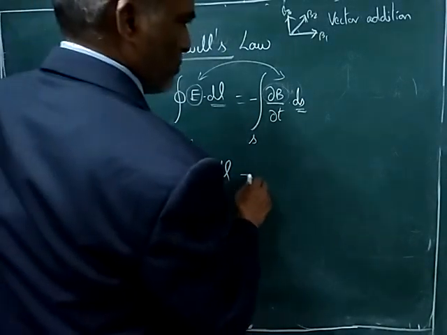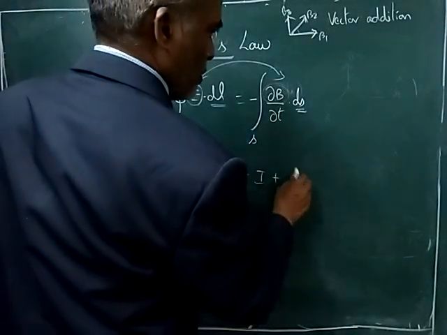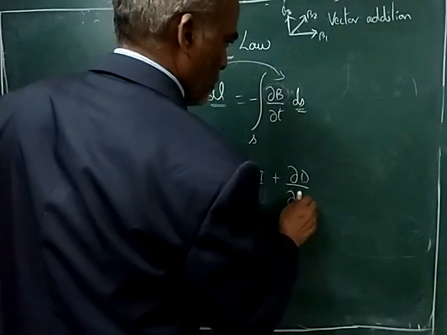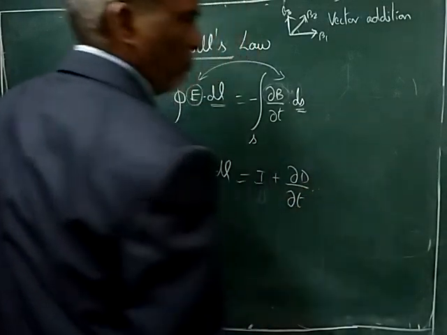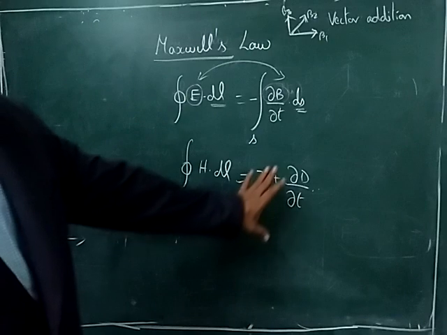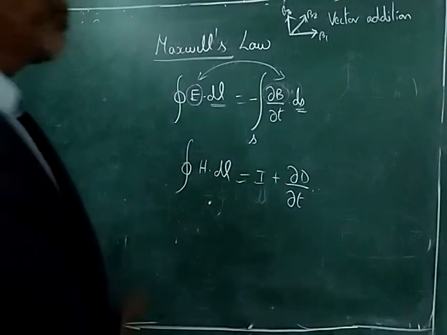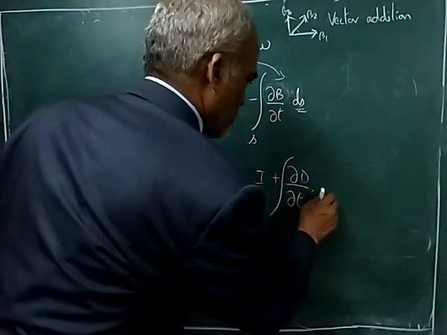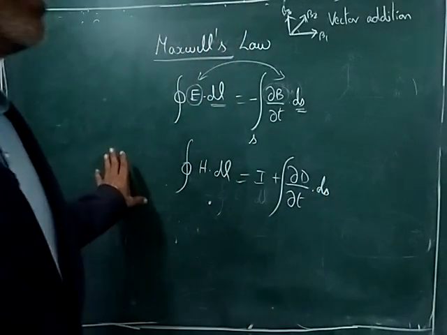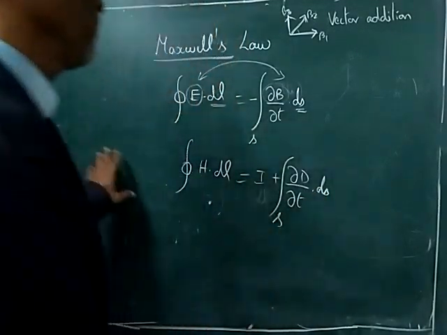is equal to I plus dou D by dou t into the integral of ds. This is one important expression, basically a surface integral.